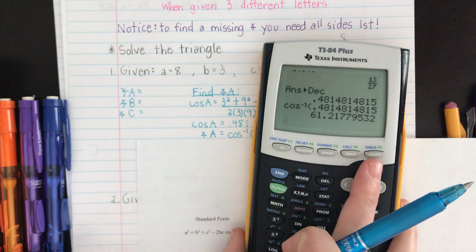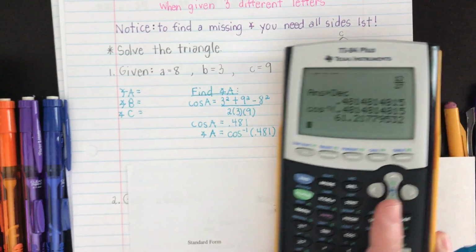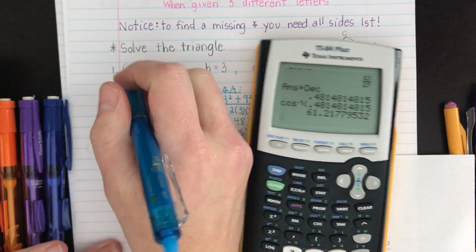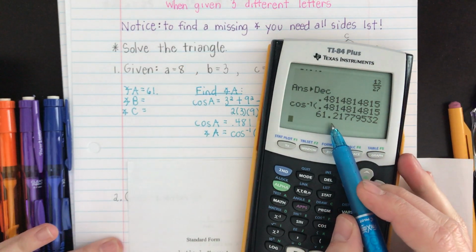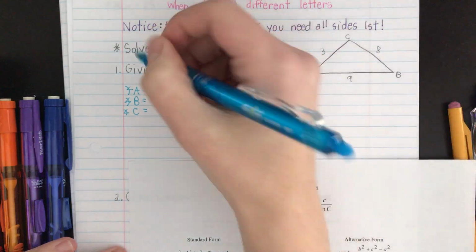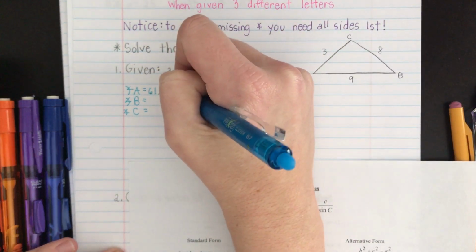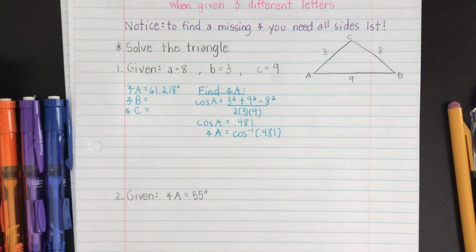Remember, I made sure it was in degree mode. You'll get 61.218 degrees. Again, I won't show the calculator again. If you need help with that, you can see me in class.